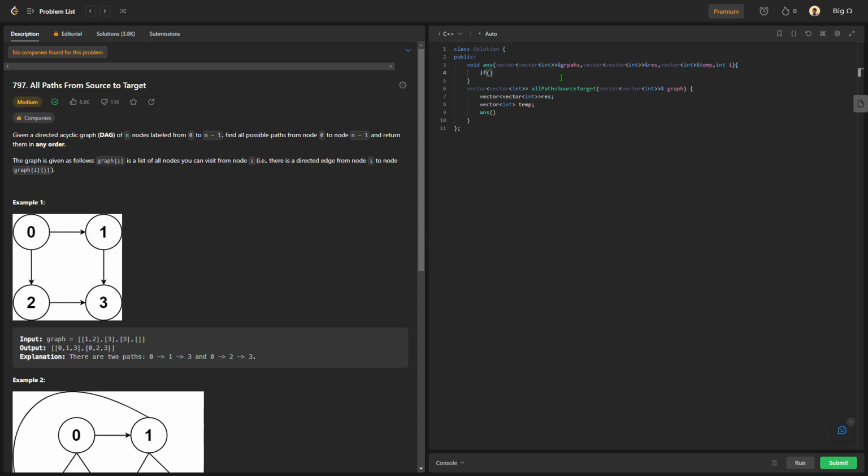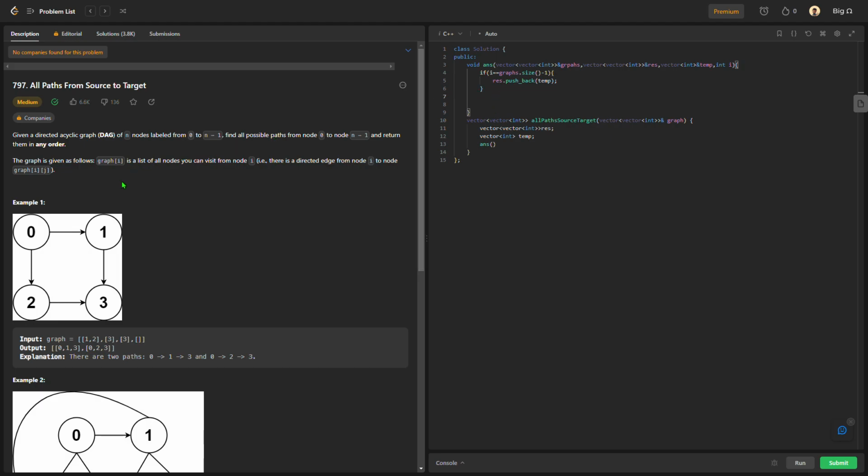If I is equal to graphs dot size minus 1, that is, it reaches the n minus 1th index, then in that case please resultant dot push back my path, my temporary vector. This we will do. Now what are the things that we are left with?